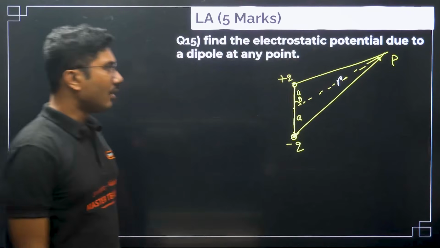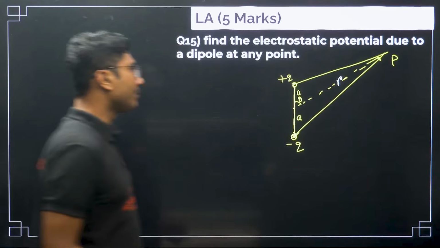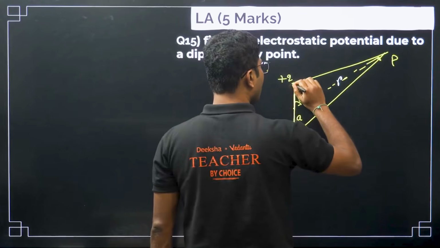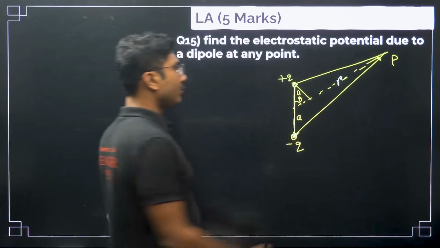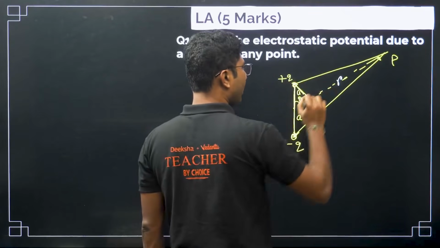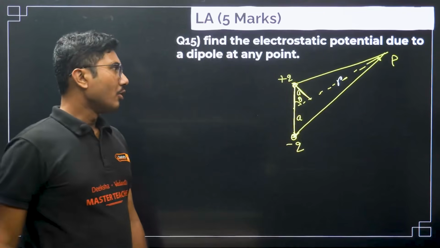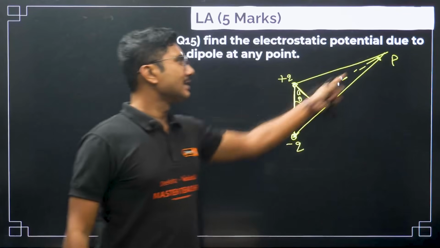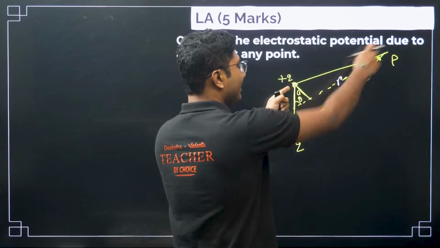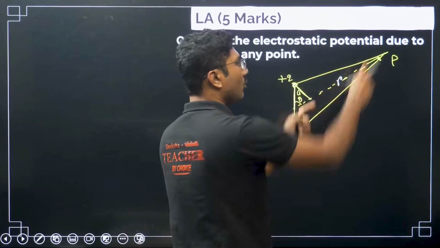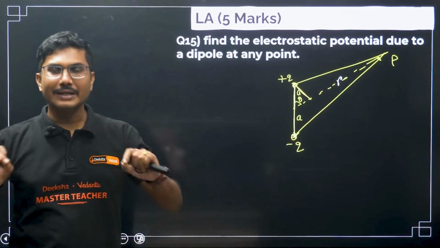Now for that, we have to draw a perpendicular from this point on this axis. Because this is a very far away point, this length and this length are almost equal. That is the main trick.